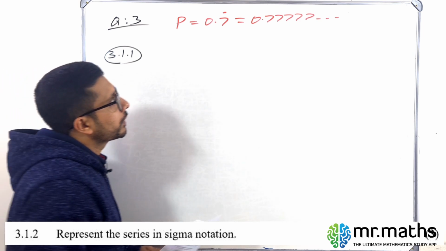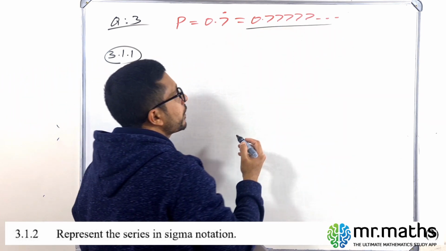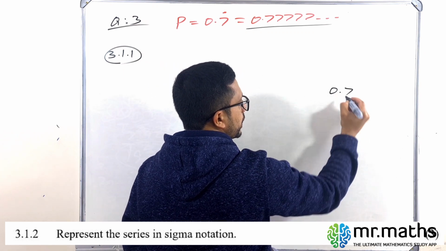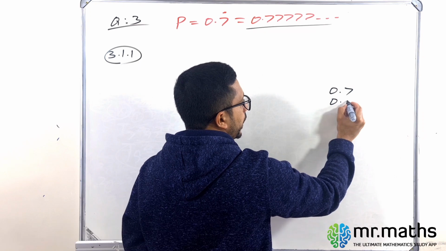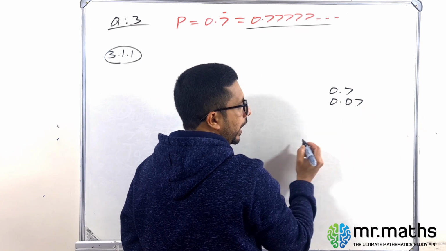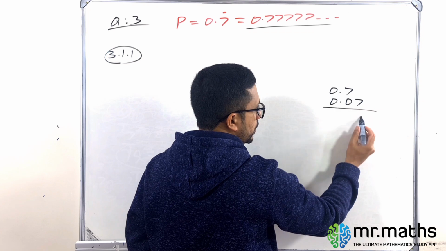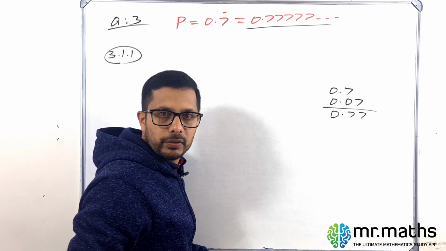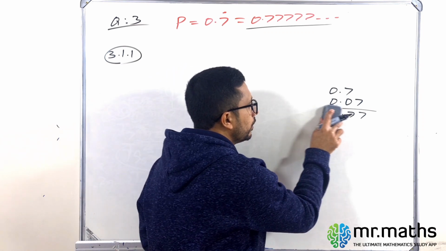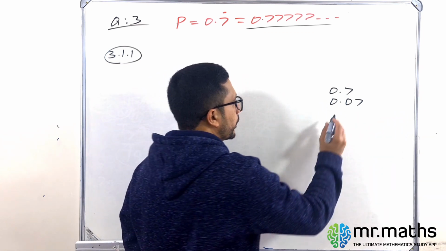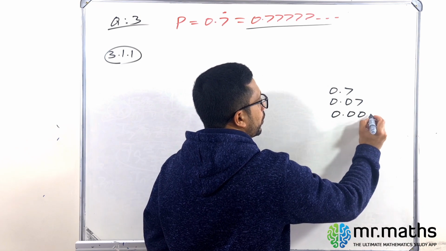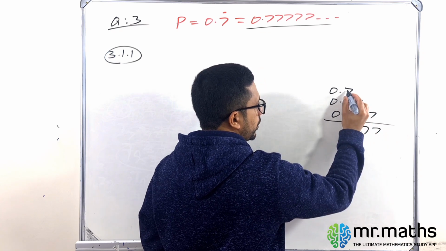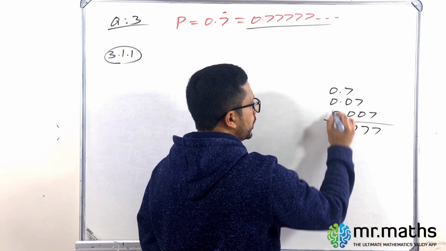So here this is P, 0.777. What I'm going to do is look at this one, 0.7, then 0.07. If I add that, 7 plus 0 is 7, 0 plus 0, 0.77 I got. Then if I add one more term, 0.007, 7 plus 0 is 7, 7 plus 0 plus 0 is 7.0.